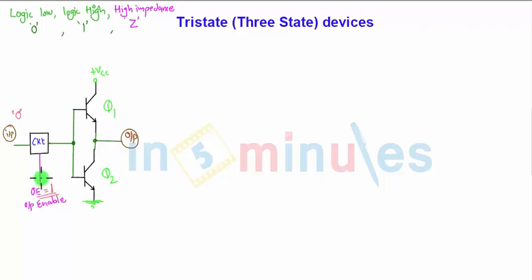If this is enabled, then due to the low input, transistor Q2 will be turned off and Q1 will be on. Since Q1 is on, VCC is connected to the emitter point and the output will be high. So the first state we have got here is the high state.